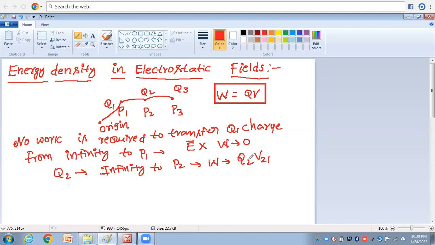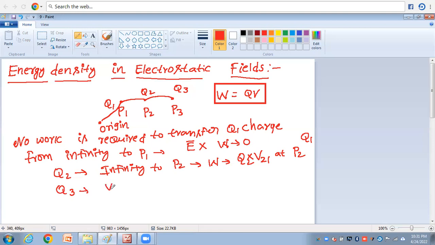So the work is Q2 into V21, where V21 is the potential at P2 due to Q1.